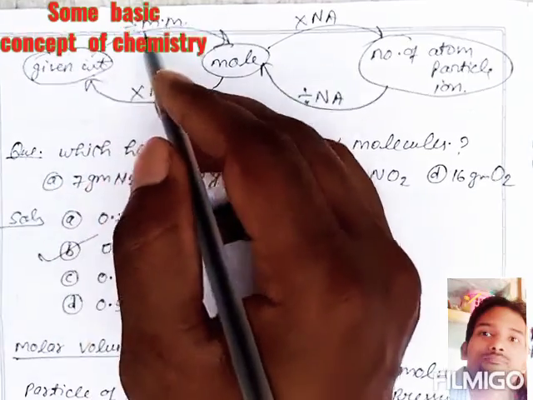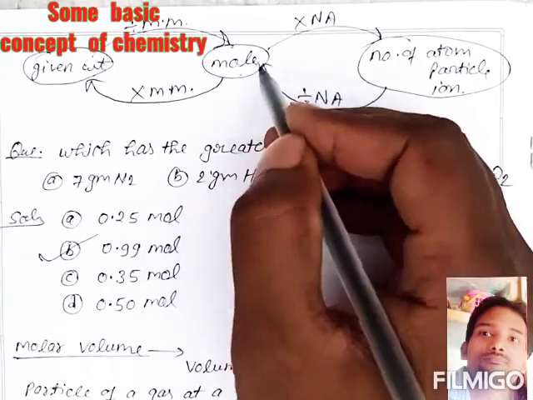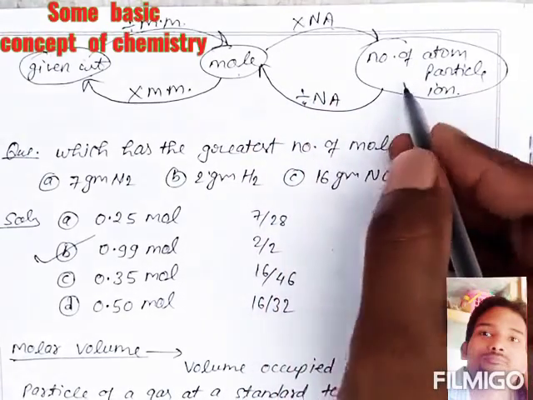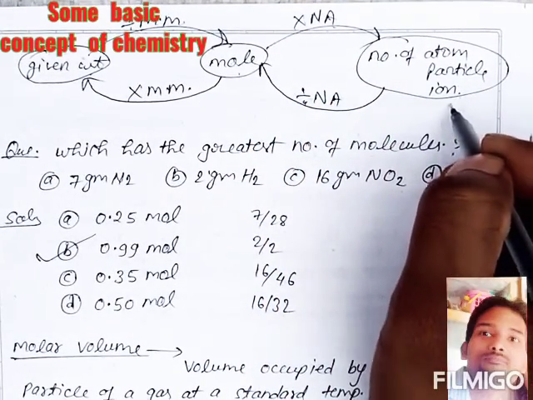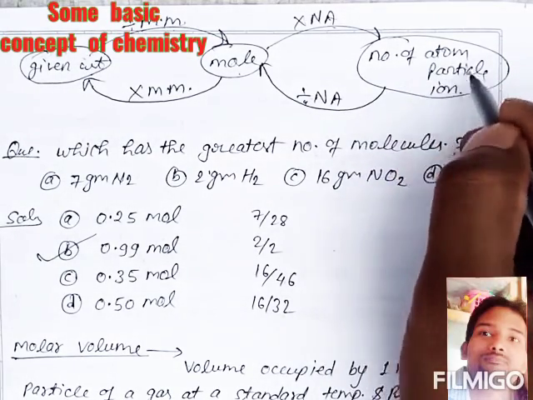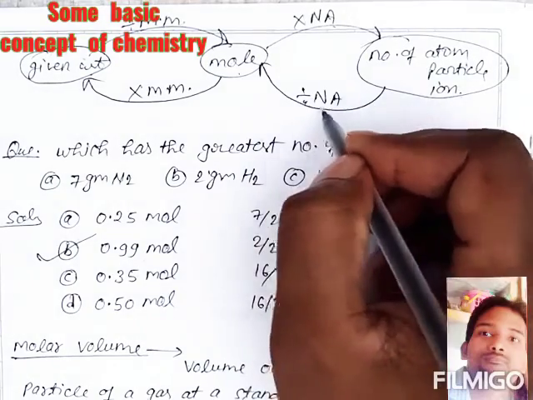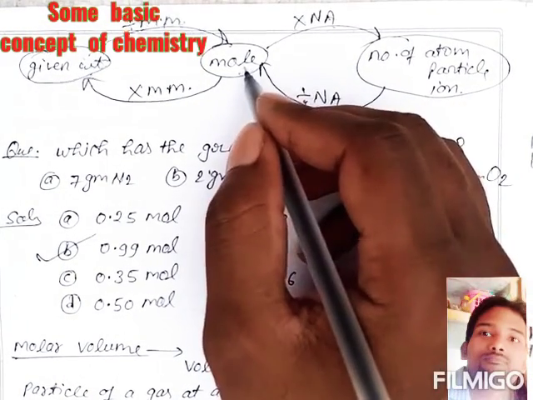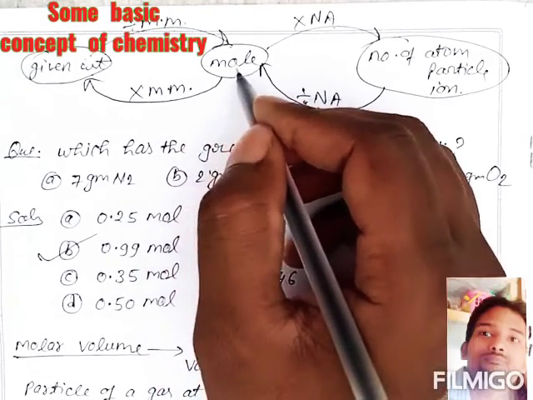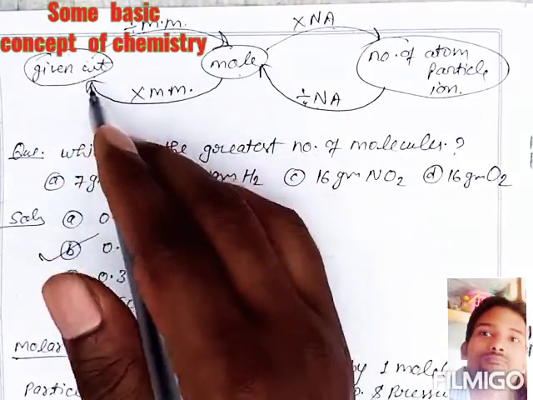Given weight divided by molar mass gives the mole. If you get the mole, multiplied by Avogadro number you get the number of atoms, particles, ions, etc. If the given value is the number of atoms, particles, ions, then dividing by Avogadro's number gives the mole again, and multiplying the mole by the molar mass gives the given weight.